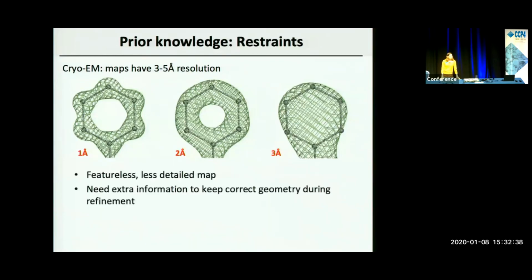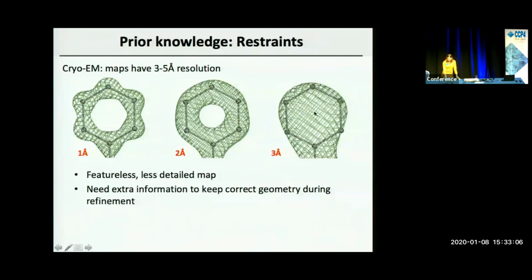So the lower the resolution, the fewer features we have in the map. And we need extra information to keep the correct geometry during refinement. Let's say if we only use the density to refine these atoms here at low resolution, it might happen that the peak of the density is actually not where the atoms are located, but probably in the center of this blob.